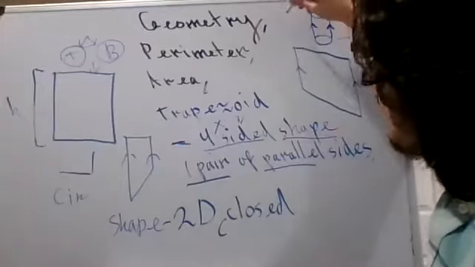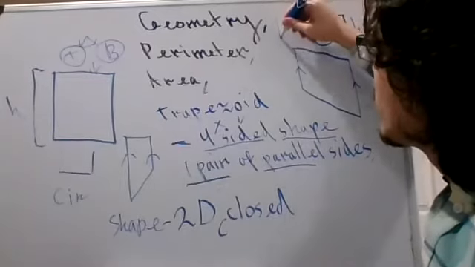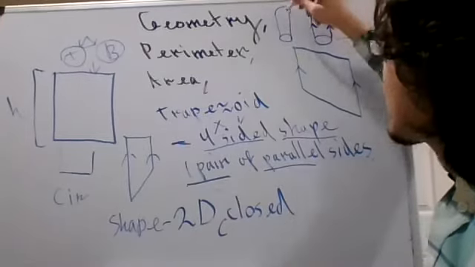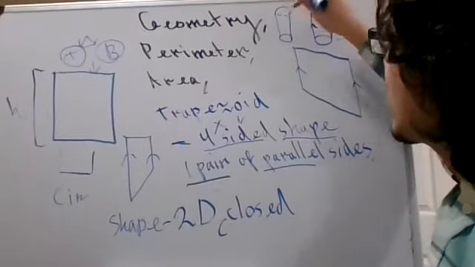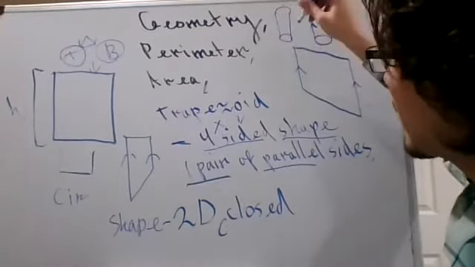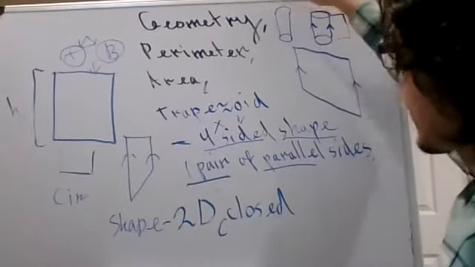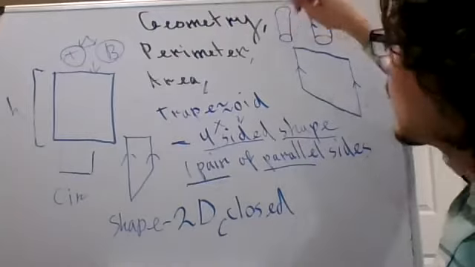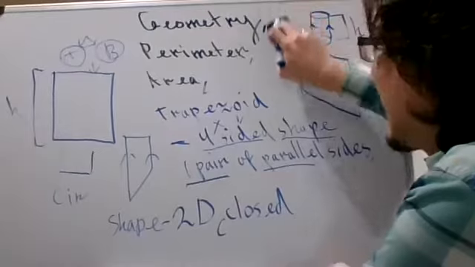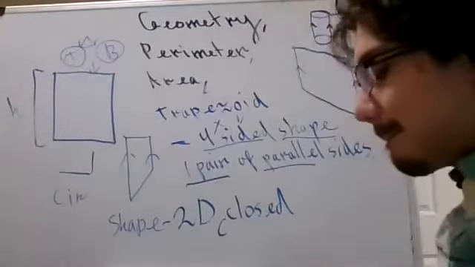Such an example would be if I drew the cylinder so that it was missing this bit of side here. That would be an example of the form not being closed.